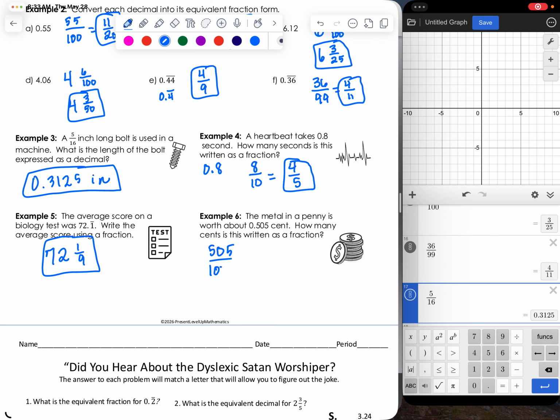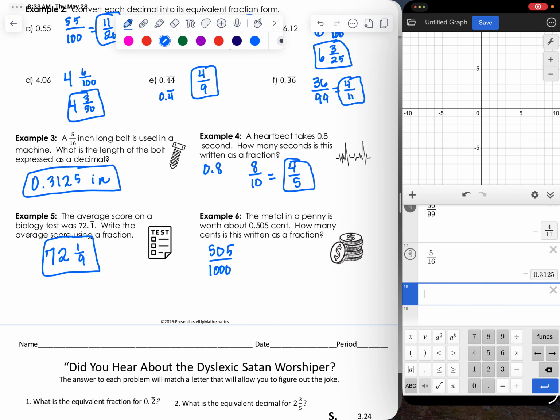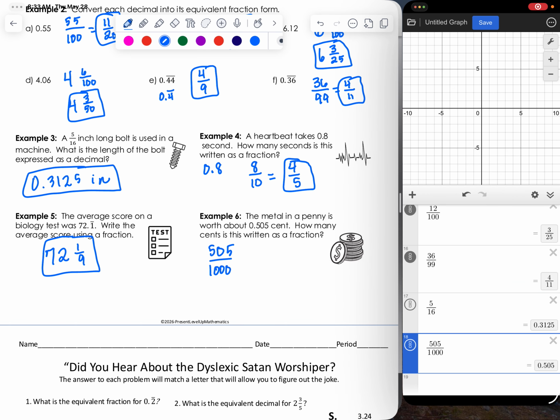So that's the 1,000ths place. So 505 over 1,000. And then I'm going to get my calculator to reduce that for me. 101 over 200.